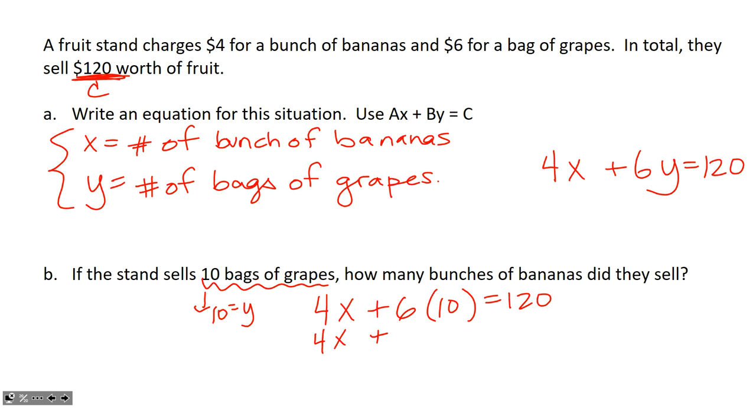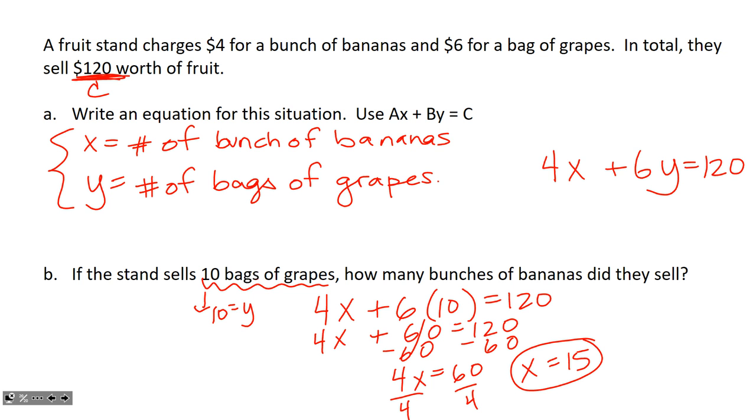So this is 6 times 10, which is 60. And then solve for x, subtract 60 from both sides. We have 4x is equal to 60. And then we divide both sides by 4, and you get x is equal to 15. So how many bunches of bananas did they sell? They sold 15 bunches of bananas.